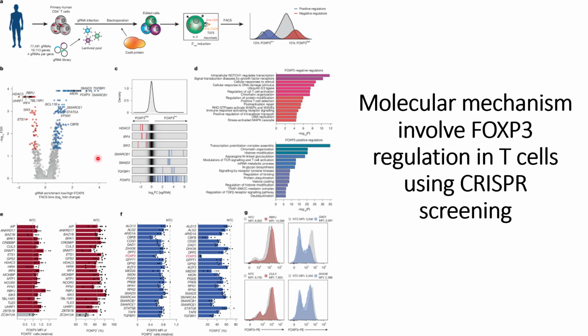At the same time, they were also able to identify some novel genes that also have a role towards FOXP3 upregulation or downregulation, such as SMAD3 or SMARCB1, which have a role towards FOXP3 downregulation, whereas SIK3 has a role towards FOXP3 upregulation.